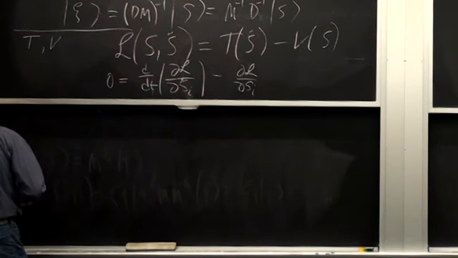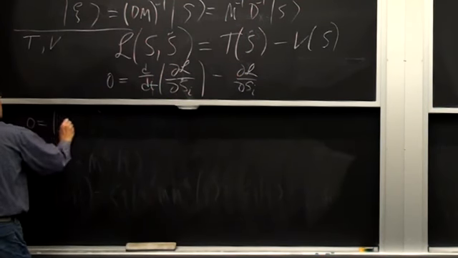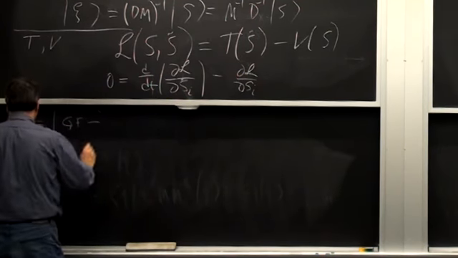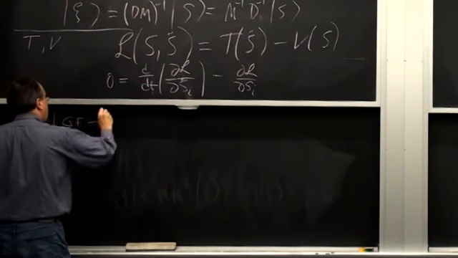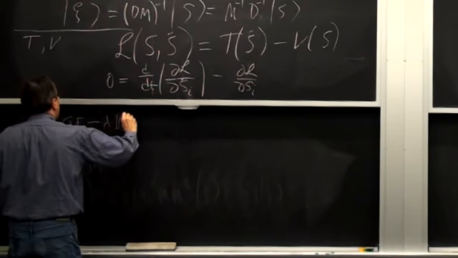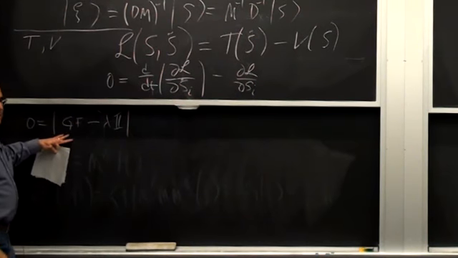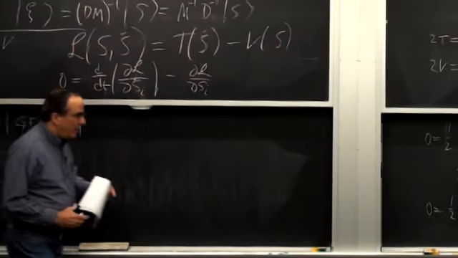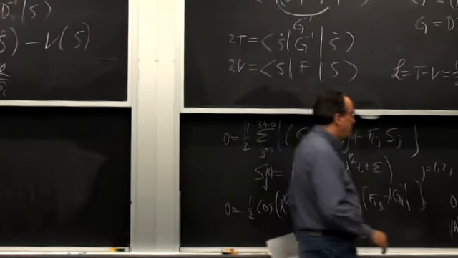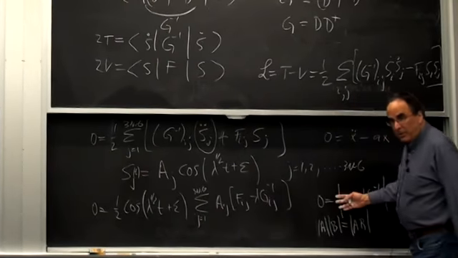And that will be 0 is equal to the determinant of GF minus lambda unit matrix. This is the secular equation for vibrations. So we multiplied this secular equation on the left by the determinant of G.